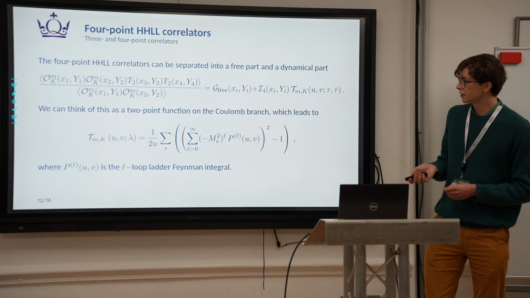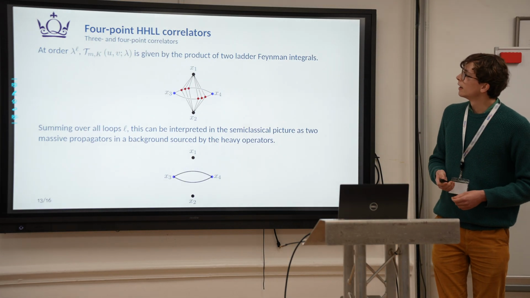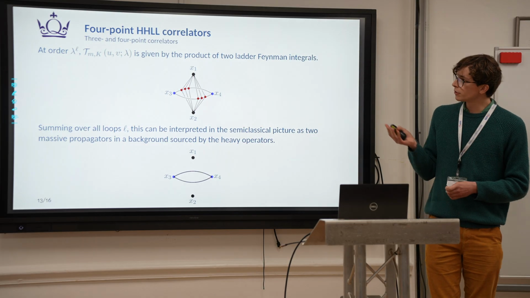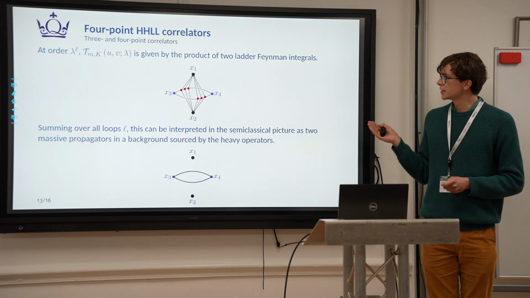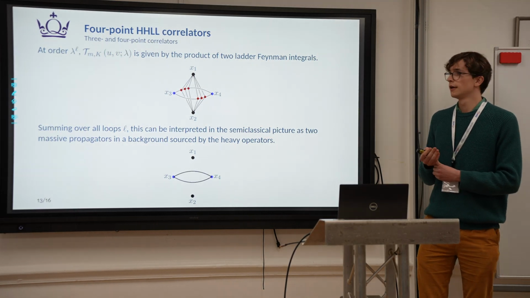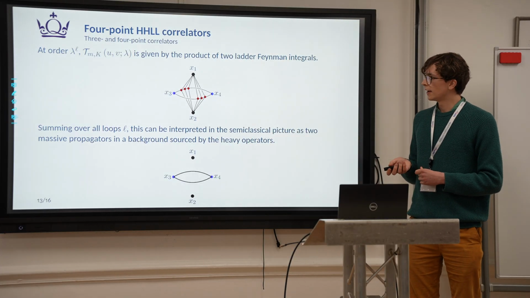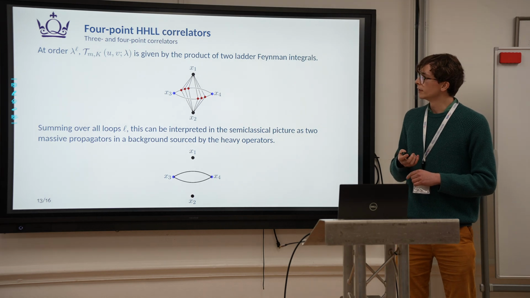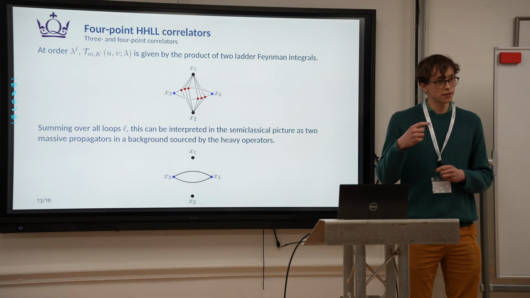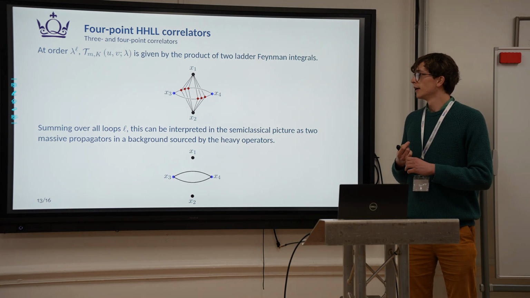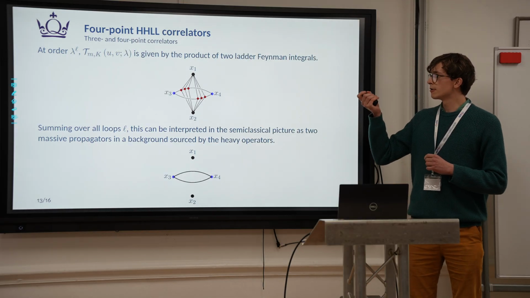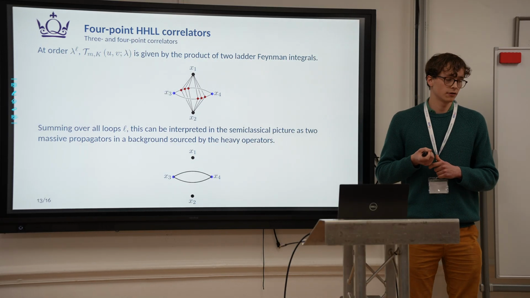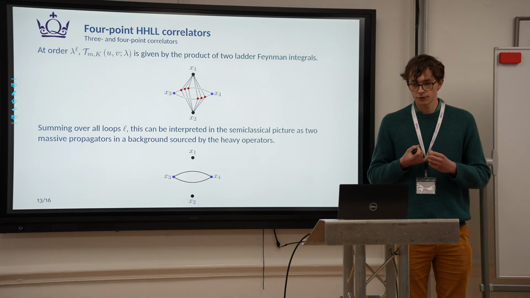I'll just give a little picture of how this looks. At some order in lambda, this T is given by the product of two ladder Feynman integrals. These red dots are the loops, which you integrate over. You've got heavy operators at x1 and x2, and your light operators at x3 and x4.